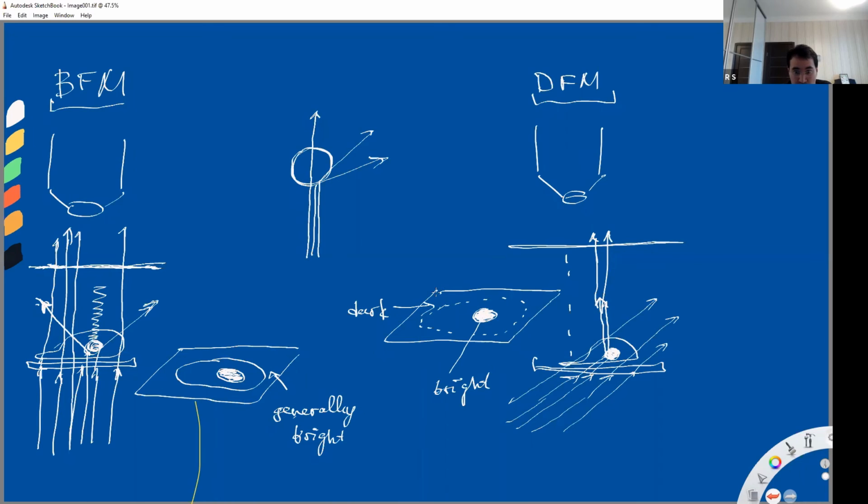And this actually increases the contrast, because whenever we have a lot of bright pixels, it means that a lot of artifacts and noise come with it. And whenever we have very little light that comes from the object, we can differentiate between the structures much more easily.